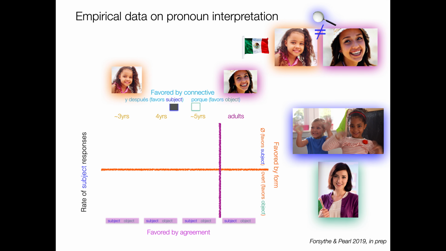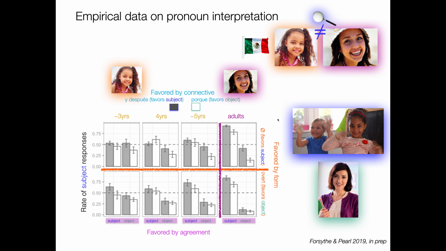So these are our variables that we think affect the rate at which you're going to interpret something as the subject in this particular linguistic context. That's what we're going to plot here. What we are seeing are the behavior patterns of children versus adults.